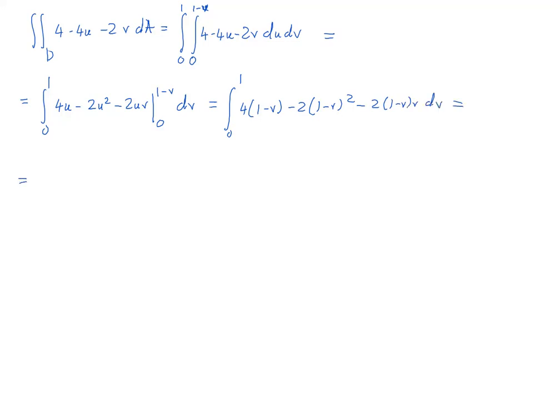Let's try to simplify this as much as we can. So this will be 4 minus 4v minus 2 minus 4v plus 4v actually, minus 2v squared minus 2 plus 2v squared dv.